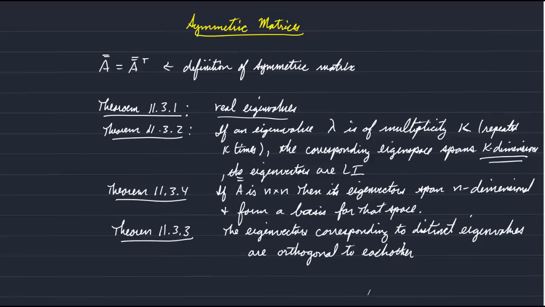So the vectors associated with the distinct eigenvalues are each orthogonal to one another.